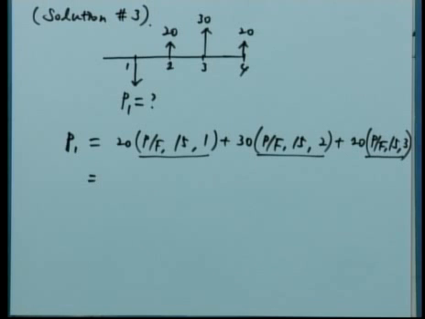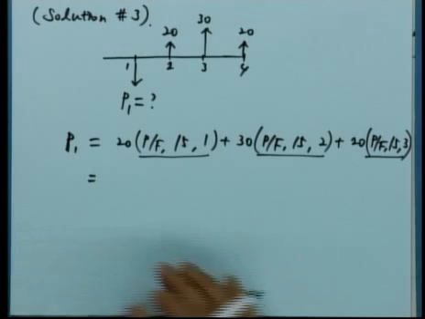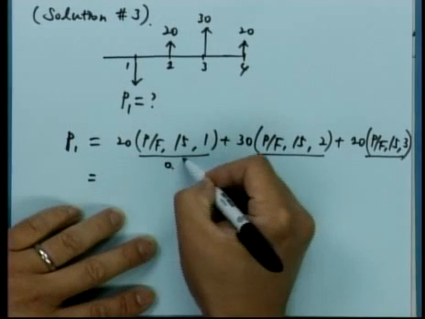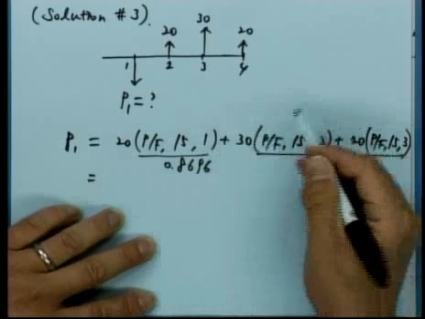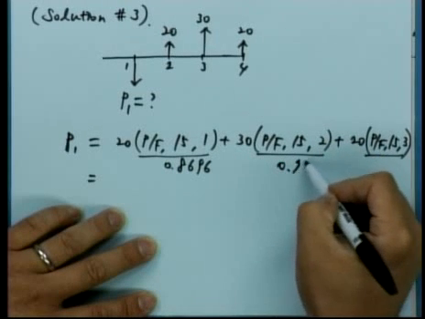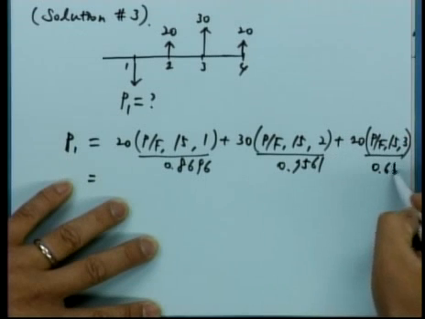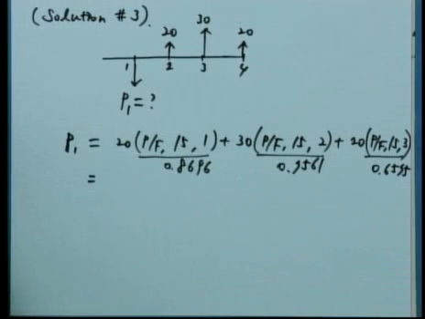We need to look at our text page 615. P given F is given in the second column. We need to look for 3 values for n equals 1, 2, and 3. So those are 0.8696, 0.7561, and 0.6575. Okay.